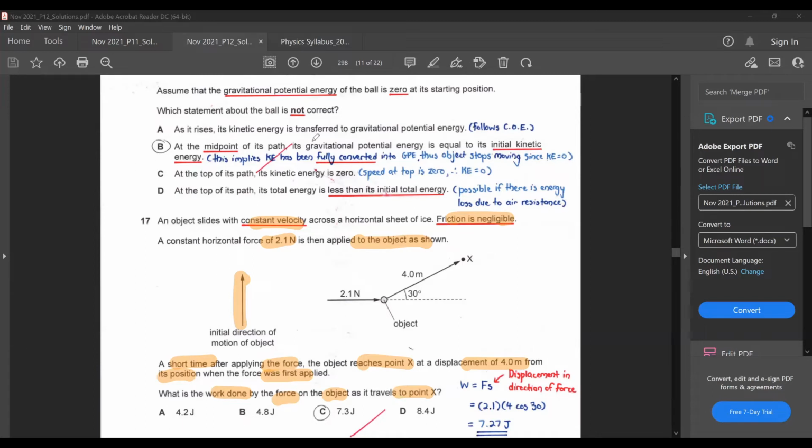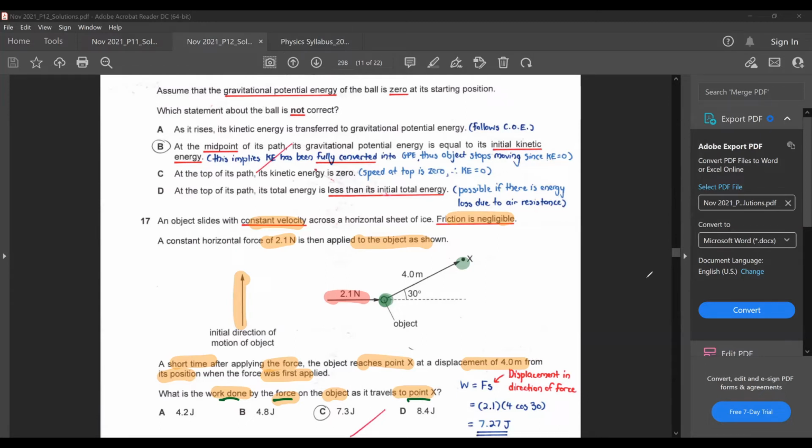Okay, so originally your object was here. They suddenly apply a force of 2.1 Newton, eventually causing your object to move from this point to this point. So what they want is the work done by that force as it travels to point X. The work done here is pretty straightforward.